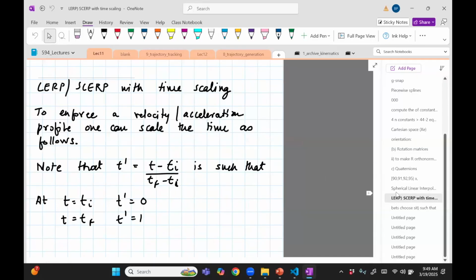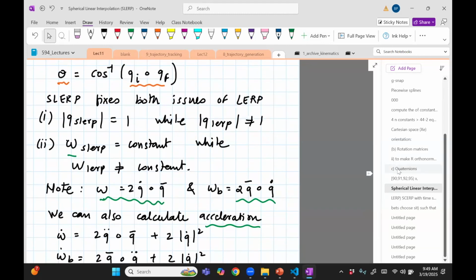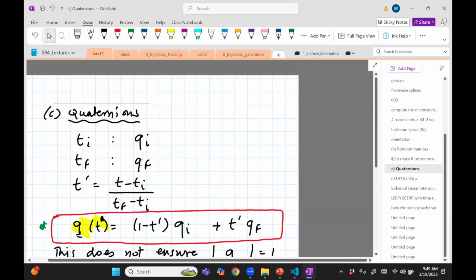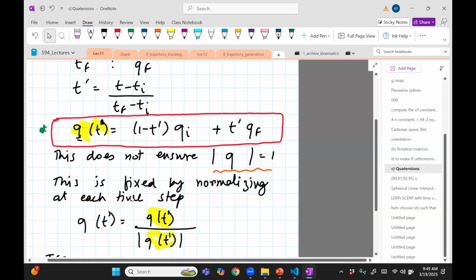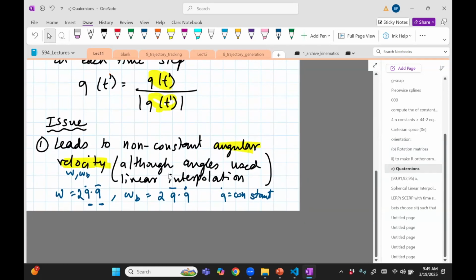So the other issue which we faced was, I think I made a point here, that this leads to a non-constant angular velocity. What is that? It's basically that the linear interpolation, LERP, gives this effect where the angular velocity is not constant.